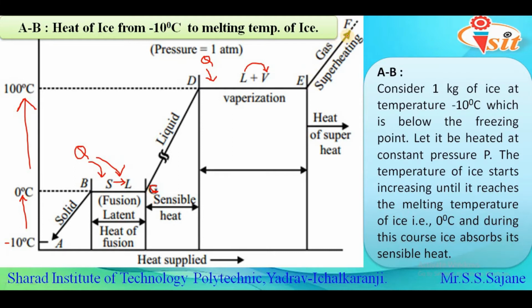The last stage: if we further add heat to this steam at point E, where we have saturated steam, the temperature will go on rising, and we can see in the diagram a sharp rise in temperature. From point E onwards, whatever heat we add is responsible for raising the temperature of that steam.